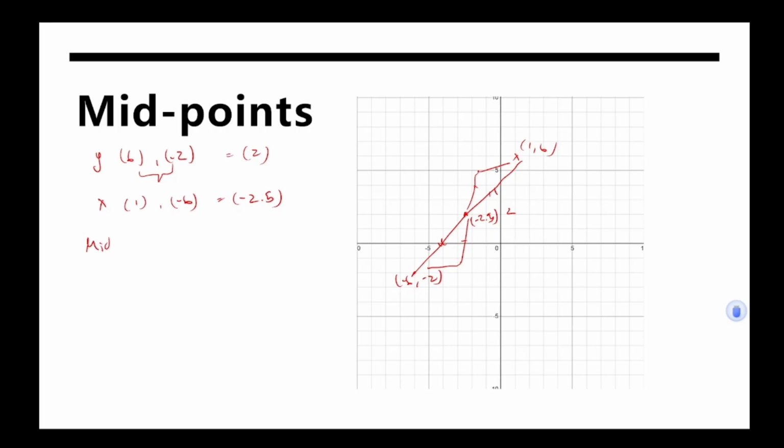So the midpoint formula: the midpoint of (x1, y1) and (x2, y2) would be (x1 plus x2 over 2, comma, y1 plus y2 over 2).